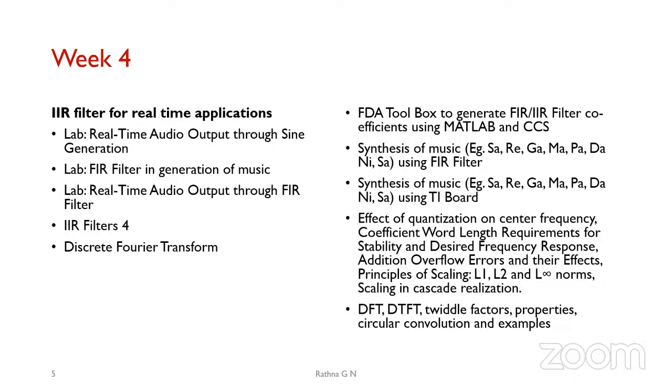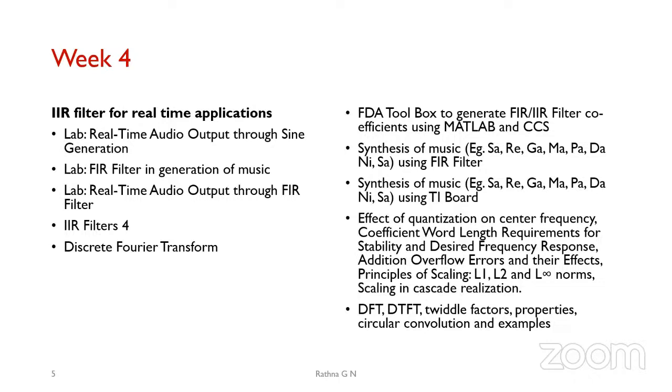One of the things is circular convolution. Some examples we took, and some properties we have also seen, going from analog to digital, to the frequency domain. Here, linear convolution becomes circular convolution in the Fourier transform.